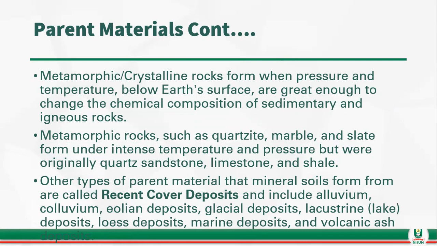When it becomes so high that it can change the chemical composition in a sedimentary rock, or an igneous rock, it can lead to the formation of metamorphic rocks. So metamorphic rocks such as quartzite, marble, and slate form under intense temperature and pressure, but they were originally sandstone, limestone, or even shale.